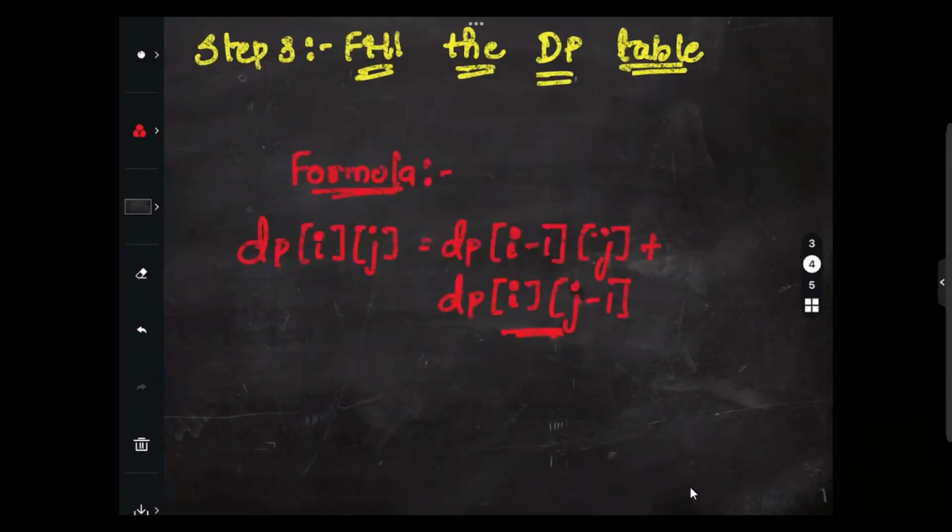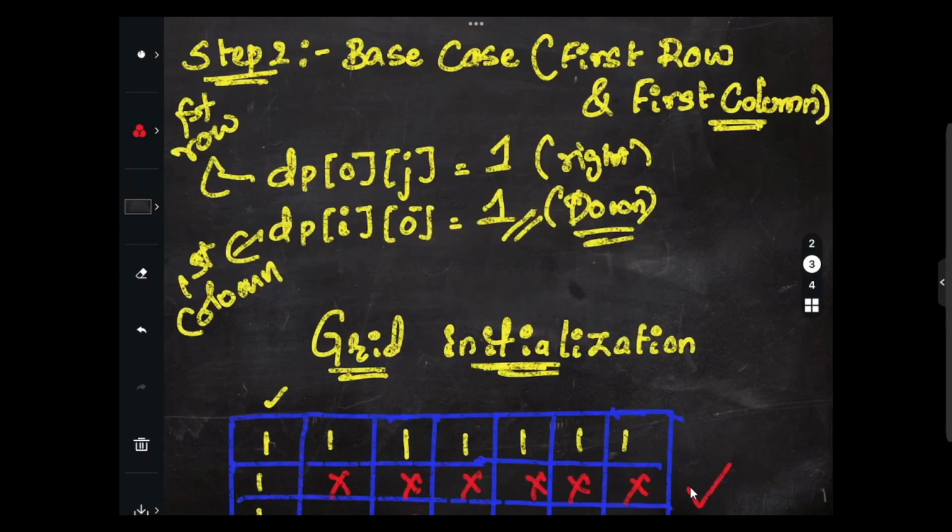So the next step is to fill the whole DP table. One thing we can observe is that each cell dp of i,j can be reached either from the top cell, dp of i minus 1,j, or from the left cell, dp of i,j minus 1.